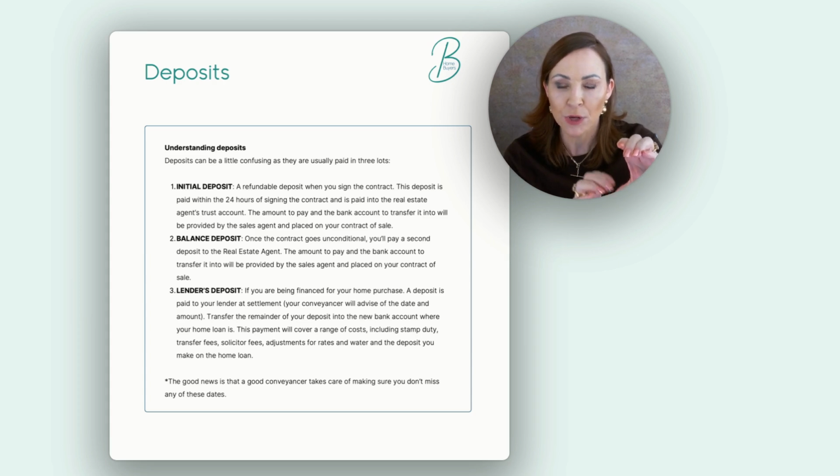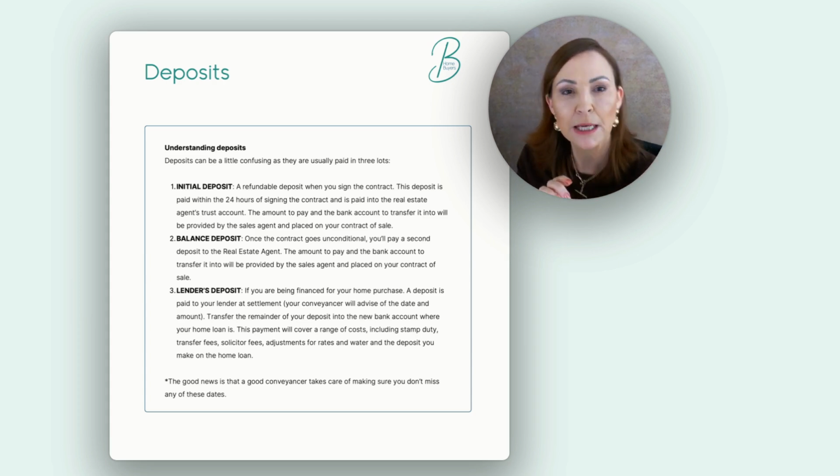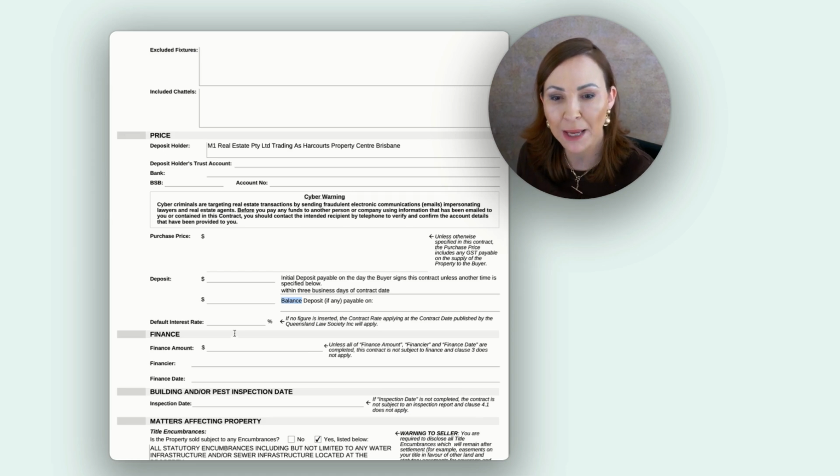Okay. So in order to explain this in a little more detail, I'm going back to that contract that we had before, the blank contract. And down here, you can see it says initial deposit and then it says balance deposit. The initial deposit is due when you sign the contract. The balance deposit is usually paid when the contract goes unconditional.